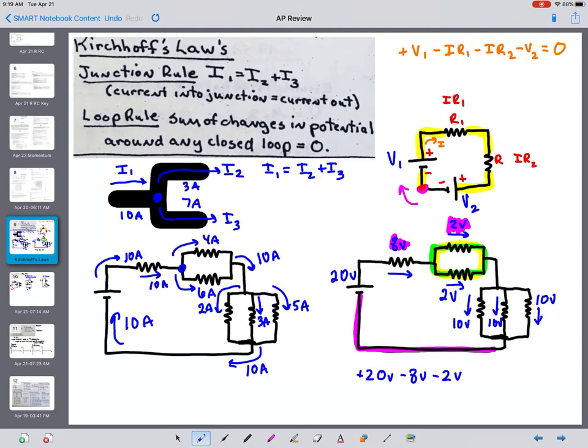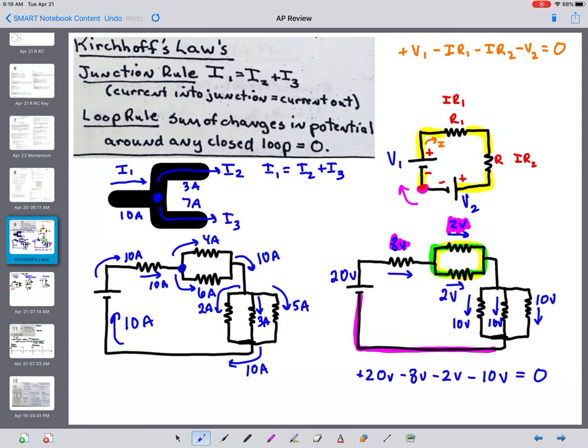We dissipated 2 volts in the second parallel network, and we dissipated 10 volts in that subsequent triple parallel, and so my total is 0. That's basically what the loop rule is saying. It is just a way to kind of restate conservation of energy, but it's energy per charge, applying it specifically to circuits.